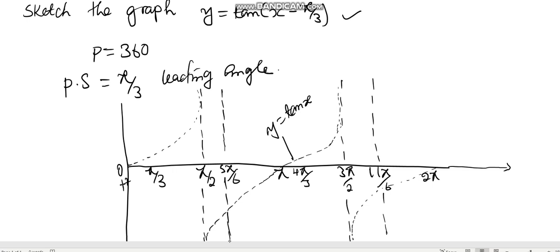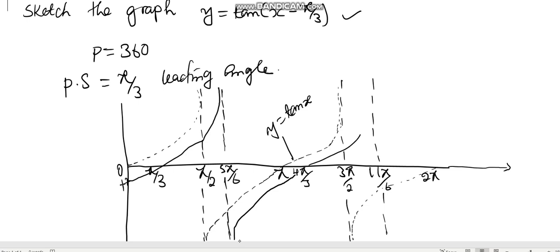Okay, so if it starts from negative 1.7, it will pass through pi over 3 there, and it will get as close as possible to 5 pi over 6, but it won't touch 5 pi over 6 like that. And then to come from down there, it won't pass through pi, instead it will pass through 4 pi over 3 there.